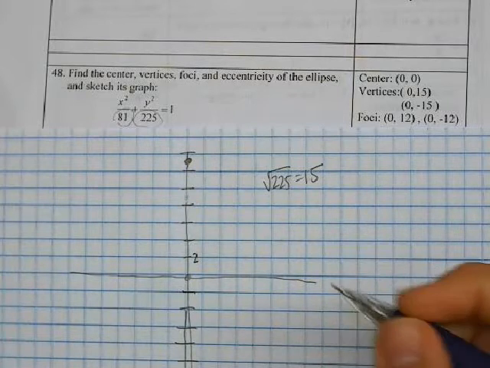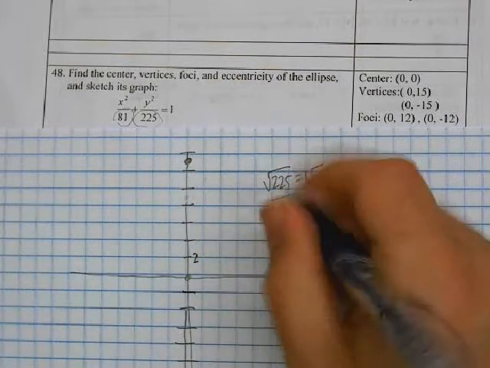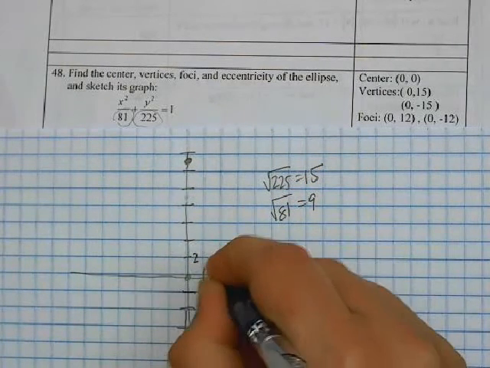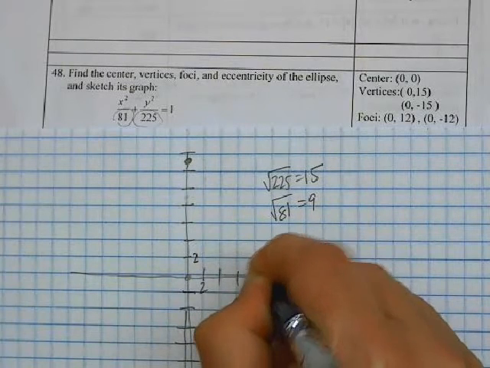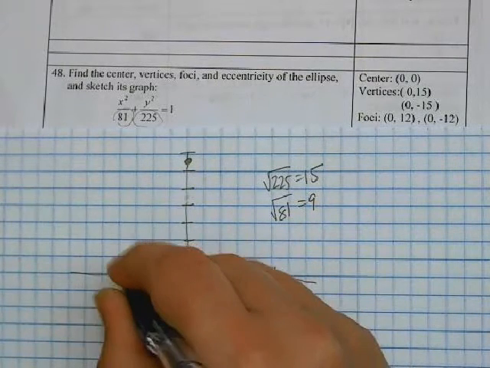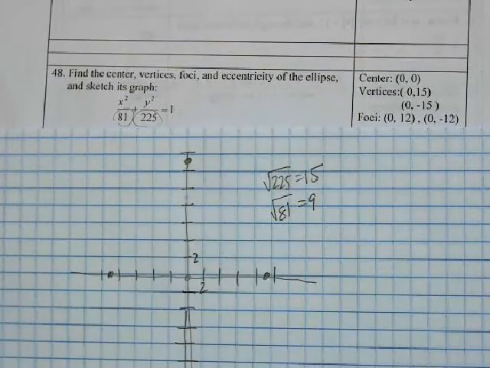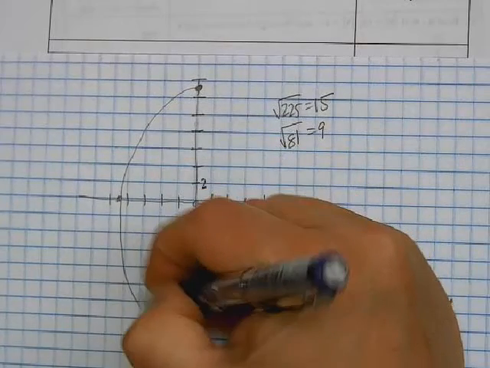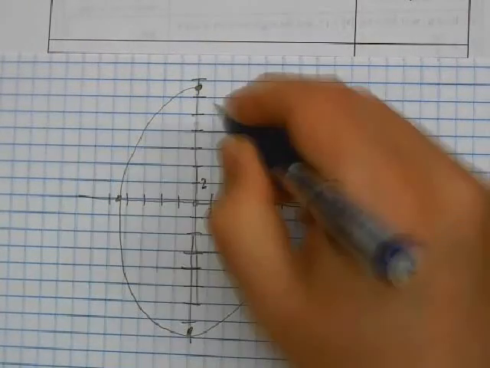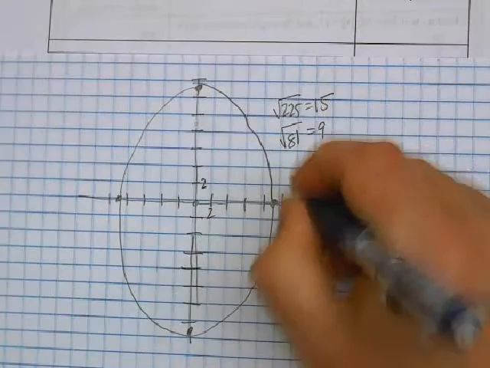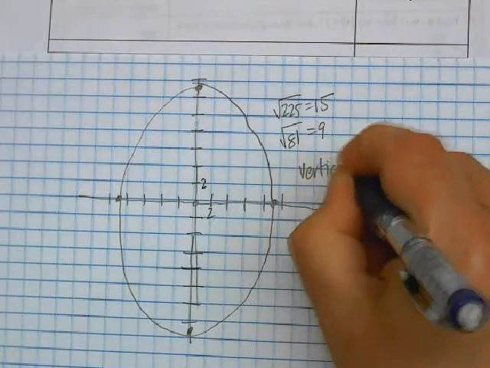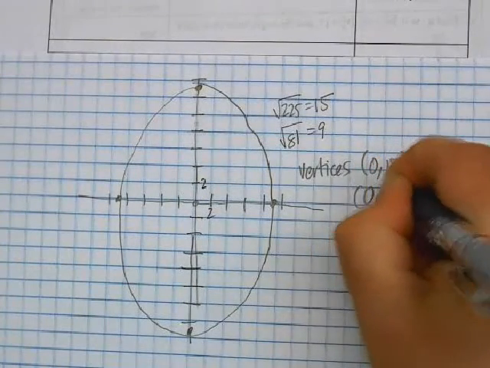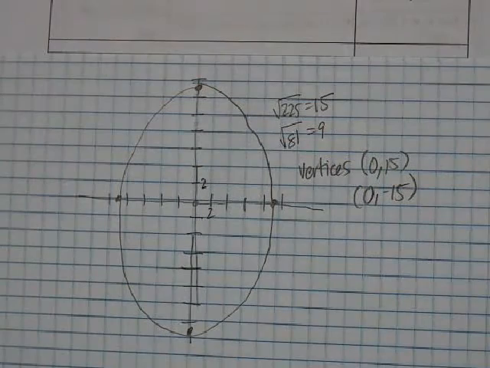And then horizontally, we're going to move 9 units. So the vertices are along the major axis. So we've got 0, 15, and 0, -15.